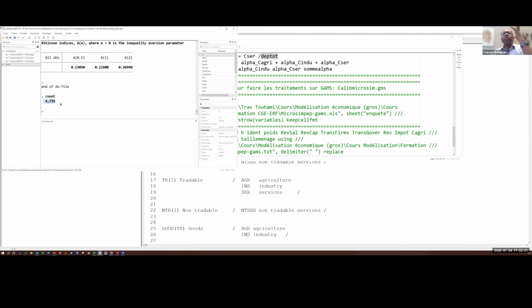This is the first thing to do, but it's not easy because when we use this household survey we have to be consistent, coherent with the sum we have.